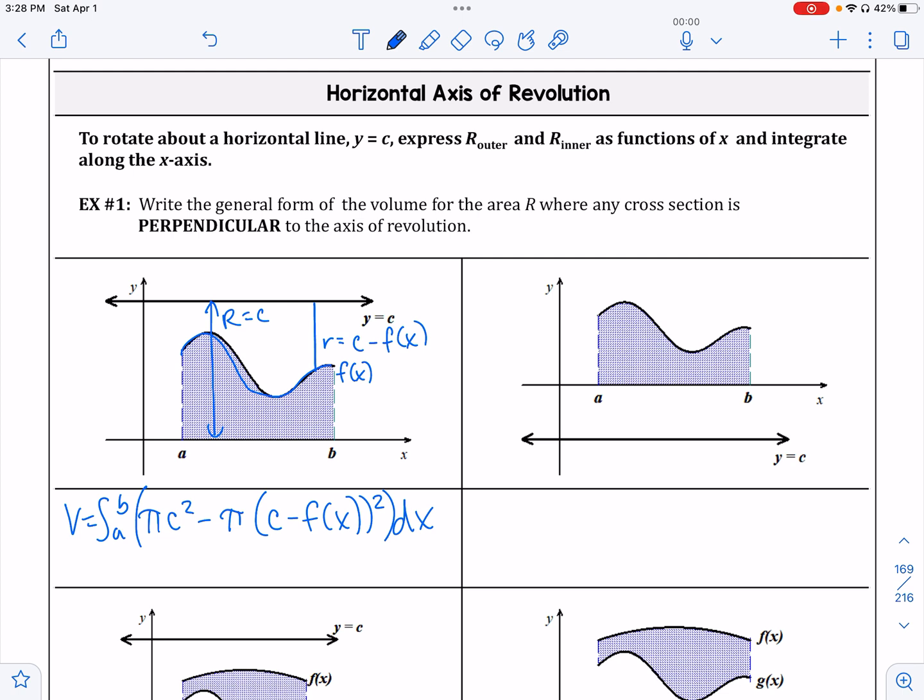Or we could pull out the pi, because they're both being multiplied by pi. Versus over here, our larger radius is just this curvy function that's been shifted up c. And the reason it's been shifted up c is because the axis we're revolving around is this y equals c axis.